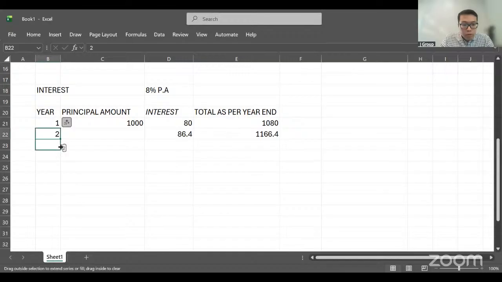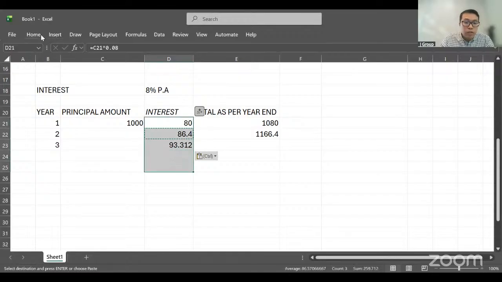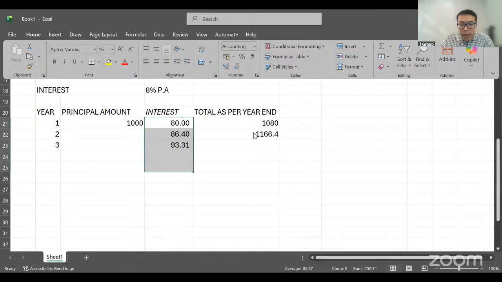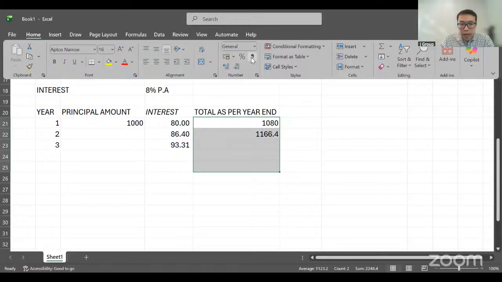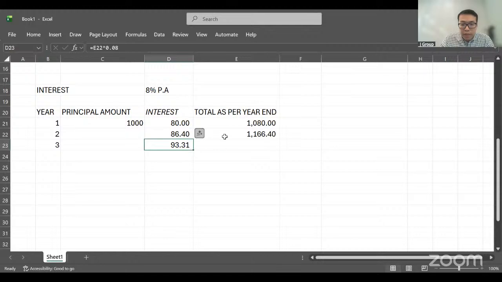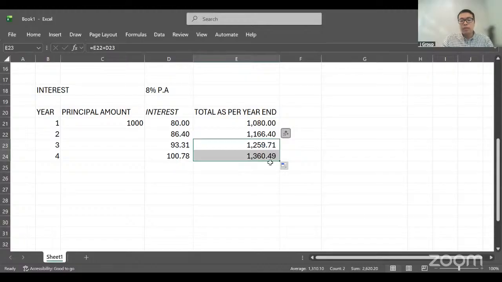In year three, I will earn interest on the end amount of 1,166.4. That means I am earning interest on the interest that I have earned in the previous year. You can see my amount will increase every year. By the end of year four, my interest will be 100 ringgit and my ending amount will be 1,360.49.